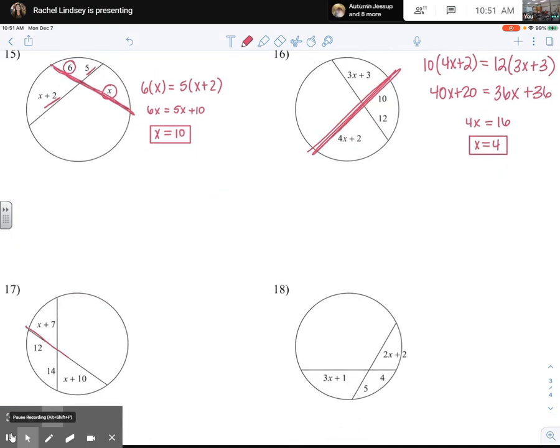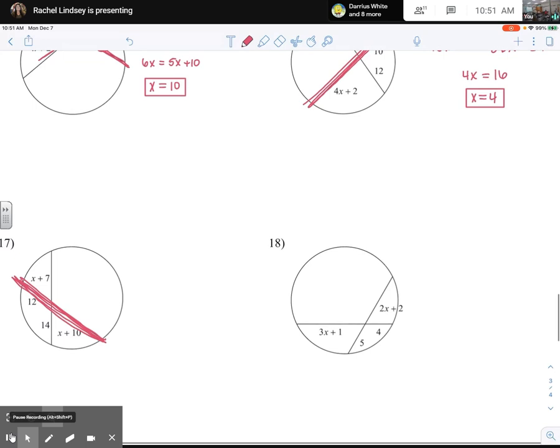Okay, looking at this line right here, it's just the first one I saw. What am I going to have? 12 times x plus 10 equals, what's my other line? 14 times x plus 7.